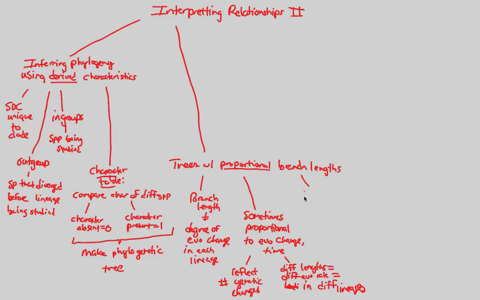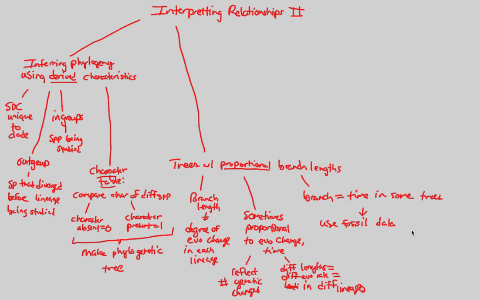Finally, sometimes the branch itself can not only represent evolutionary change, but sometimes it can even represent time itself. So sometimes the branch is equal to time in some trees. And if it's equal to time in some trees, we can actually use fossil data. Everybody's favorite, fossil data, nice and accurate data.